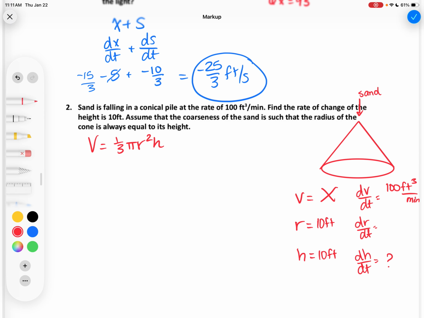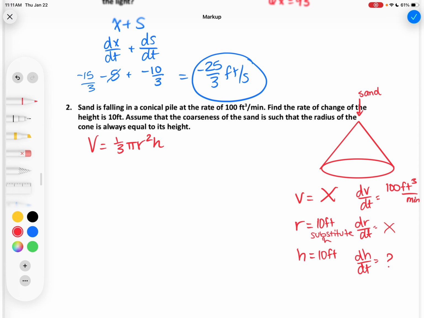And I don't have a dr/dt, so since I don't have that value, I'm probably going to need to change it to where I don't have r at all. So even though I have r, I don't have dr/dt, so I'm probably going to need to substitute h here instead. Since it says in the instructions that the radius of the cone is always equal to the height, could you change the formula to h cubed?